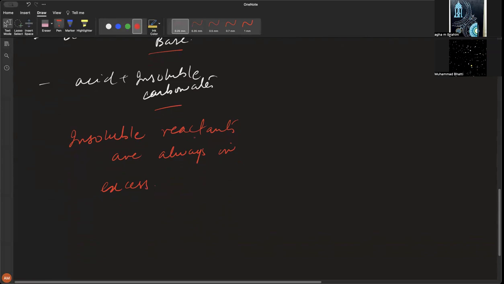Now, why do they need to be in excess? If you look at the apparatus itself, this is the acid. Let's say you're going to add a metal.